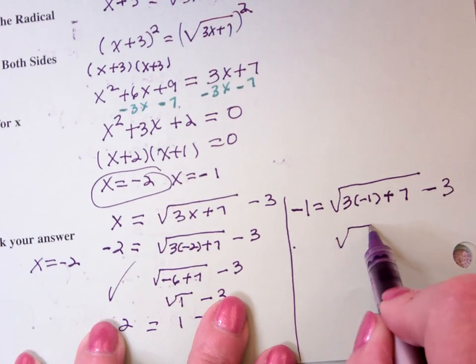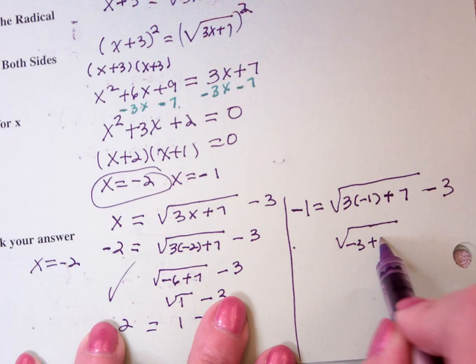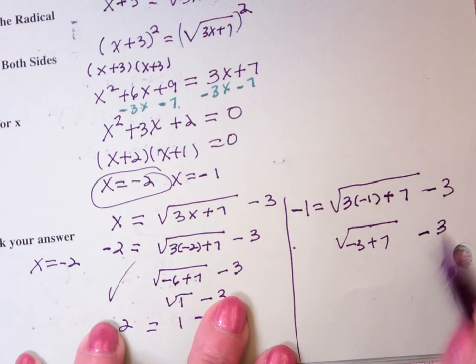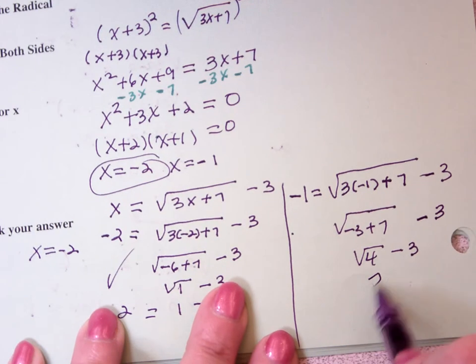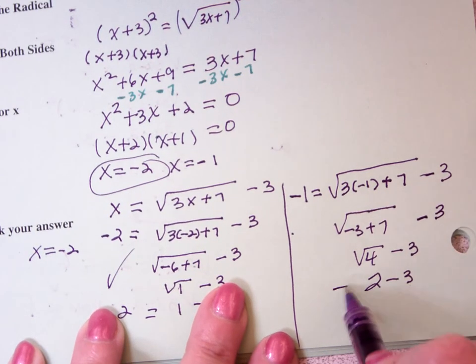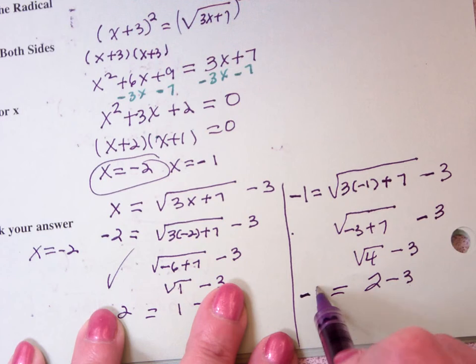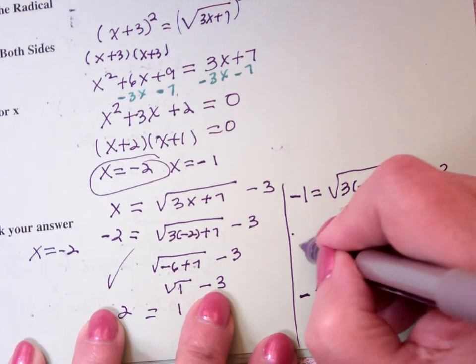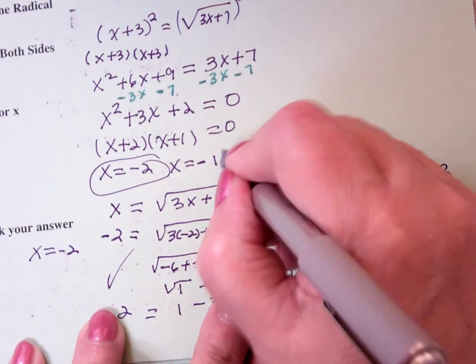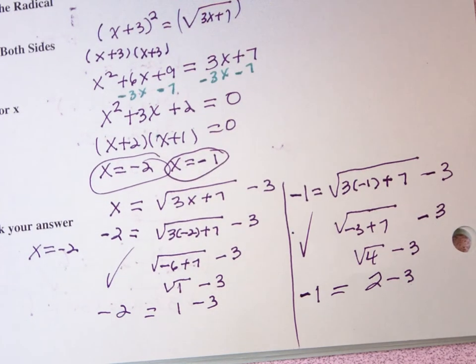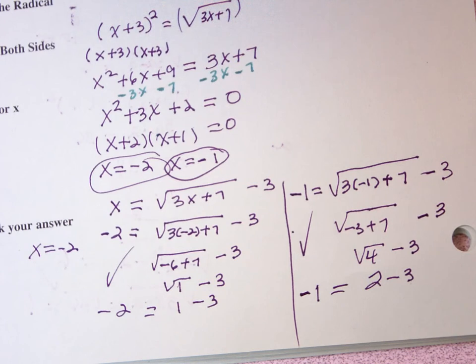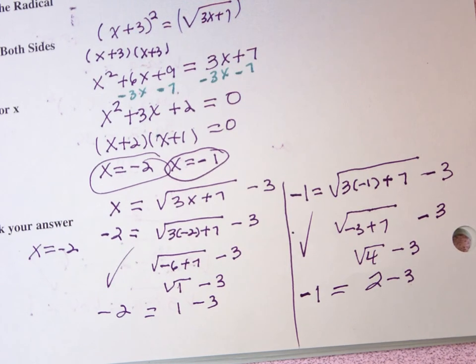This is the square root of negative 3 plus 7 minus 3, which is the square root of 4 minus 3, which is 2 minus 3. 2 minus 3 is negative 1, and negative 1 equals negative 1, and it works. So I have two answers, and they both work. So your answers can be negative, but they have to check in the original equation.